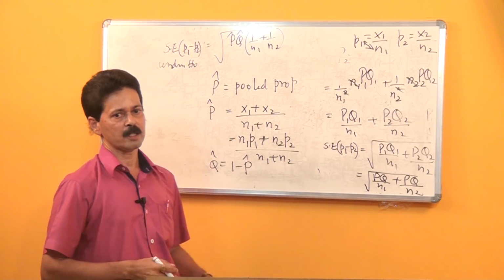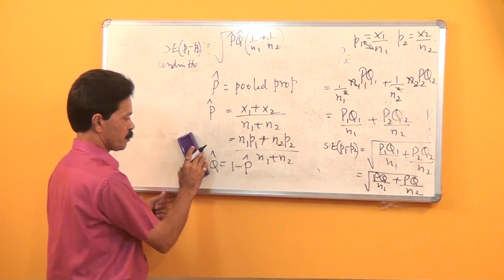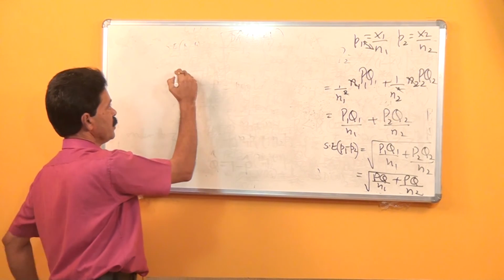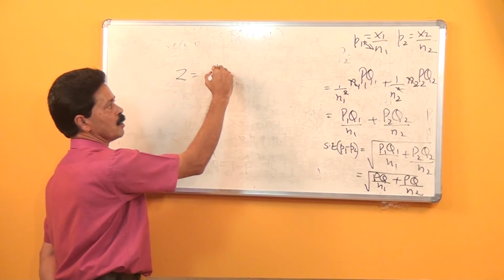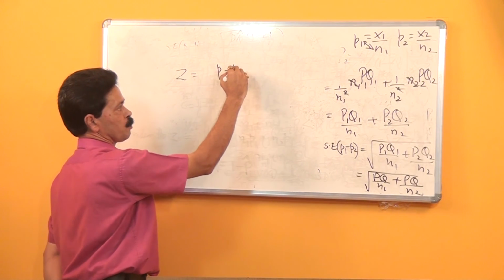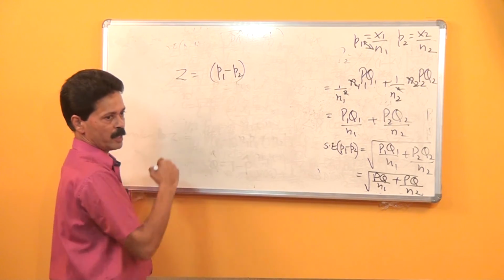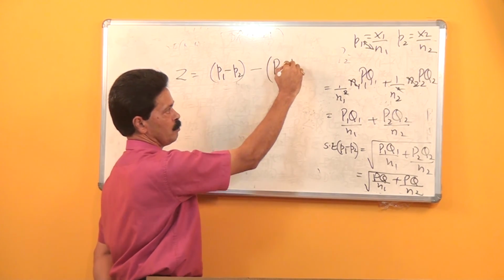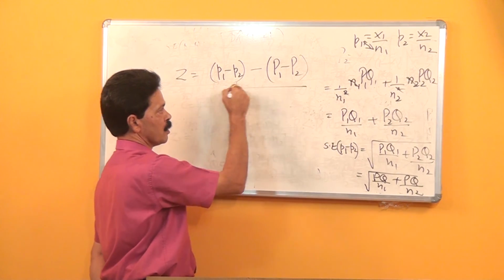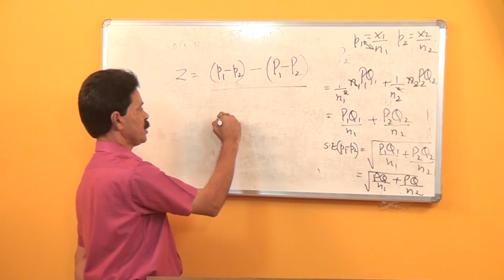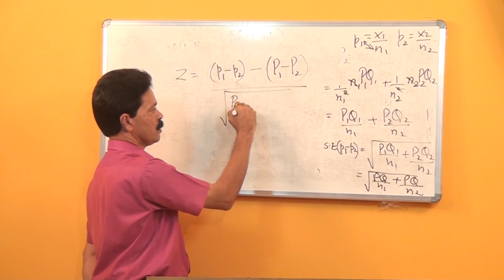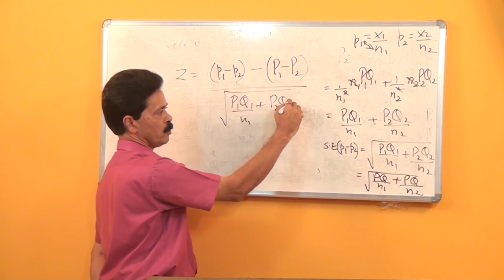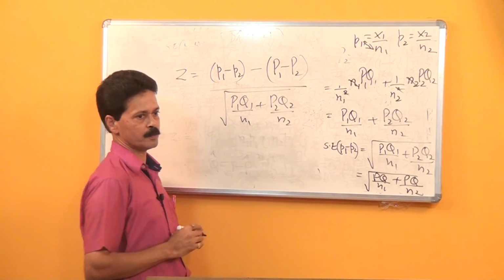The test statistic is given by Z equal to P1 minus P2, that is called the statistic, minus the mean of the statistic, capital P1 minus capital P2, divided by the standard error of the statistic, the square root of P1 Q1 by N1 plus P2 Q2 divided by N2.